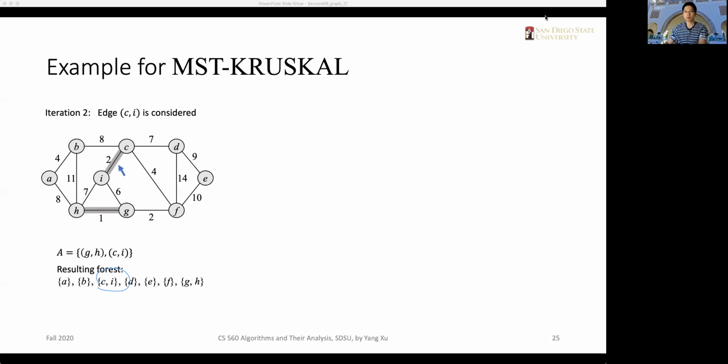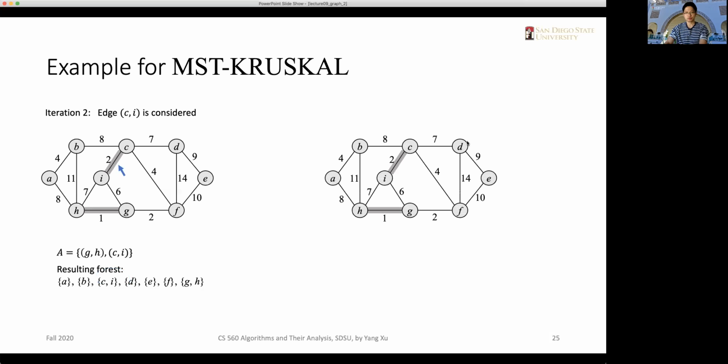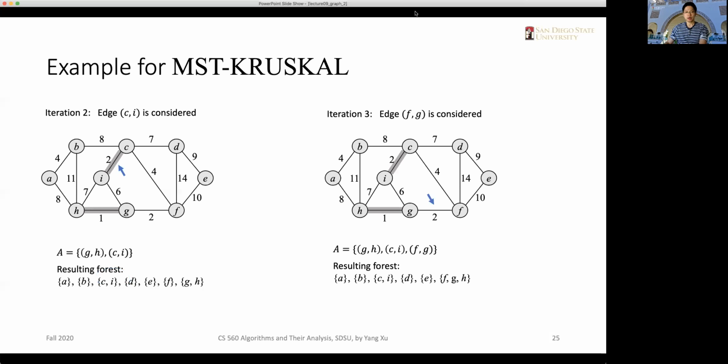Then the next smallest edge will be GF. GF will be selected into A, and this is a special case because GH is already in one set and F is in its own set. So the result of merging is a new set that has 3 elements: F, G, and H. They will be in one set.